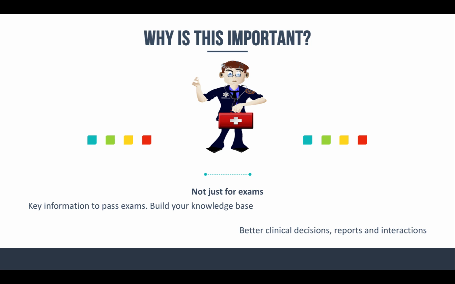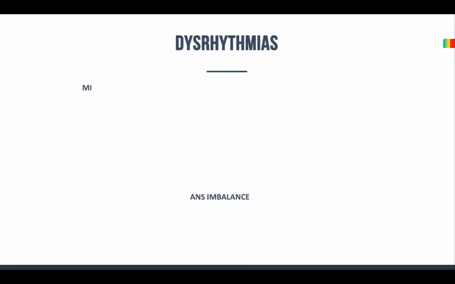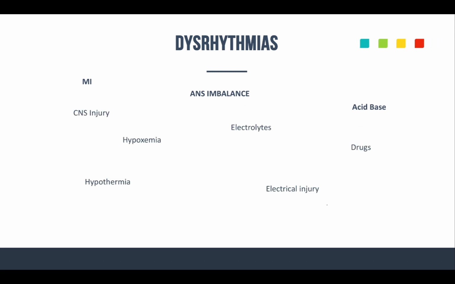I'm just going to show two slides here talking about some of the dysrhythmias, these irregularities, and what you might see. Things like an MI, or necrosis, ischemia going on, autonomic nervous system imbalances, acid-base abnormalities, hypoxemia, electrolyte imbalances.